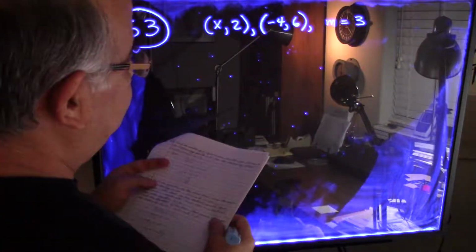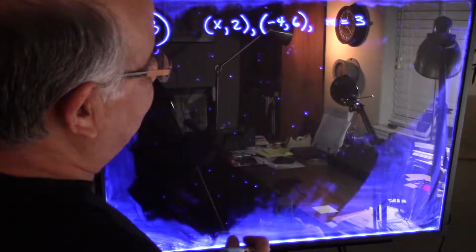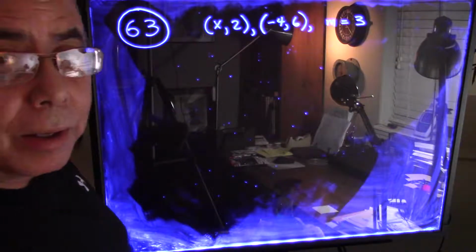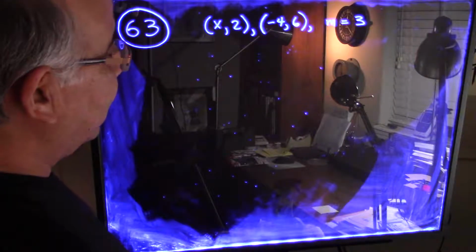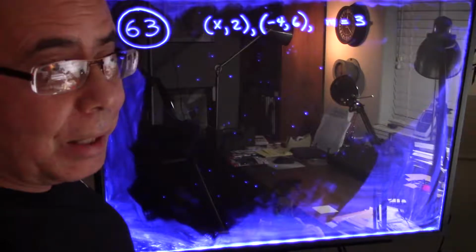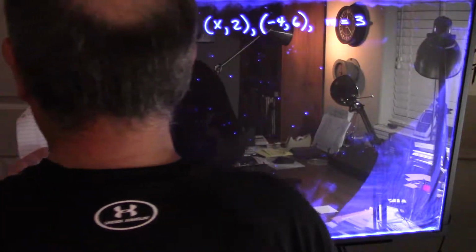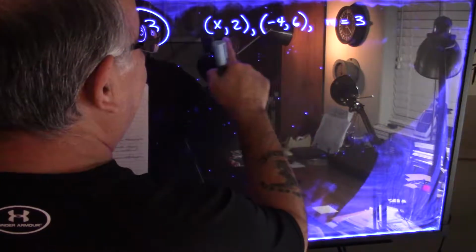Alright, so they gave us a slope, and that's a clue to use a slope formula to calculate x. This is kind of like what we did in the previous problem, finding a and b in that one problem. Okay, so let's use a slope formula with these 2 points.